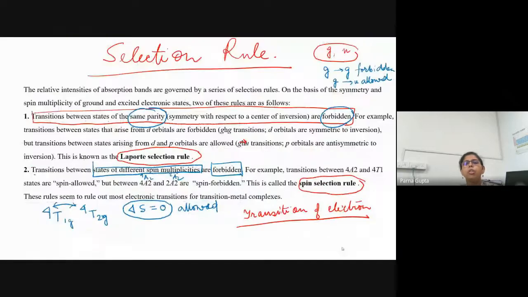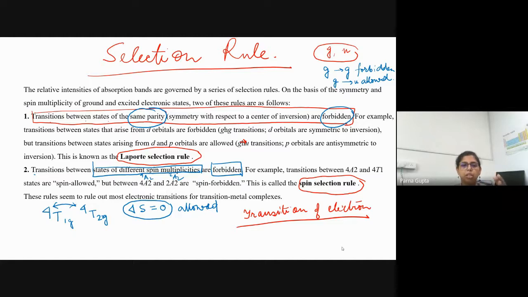So if you see a compound with a very intense color, in that case you can understand that it is not only d-d transition, so something else is there.